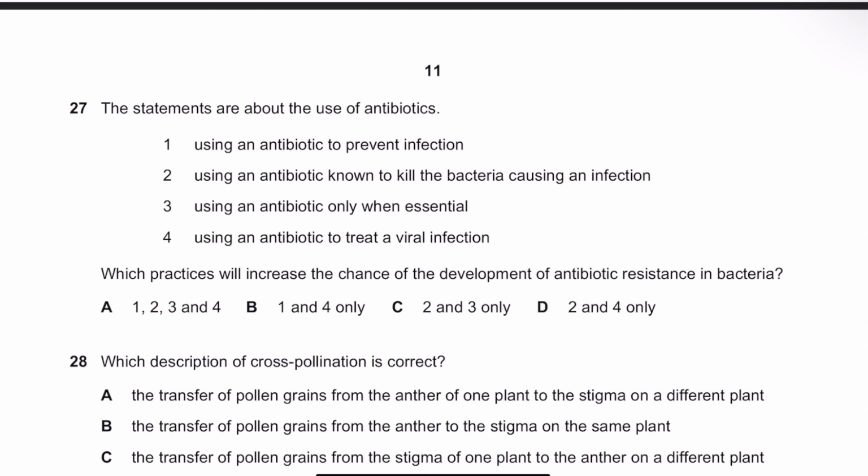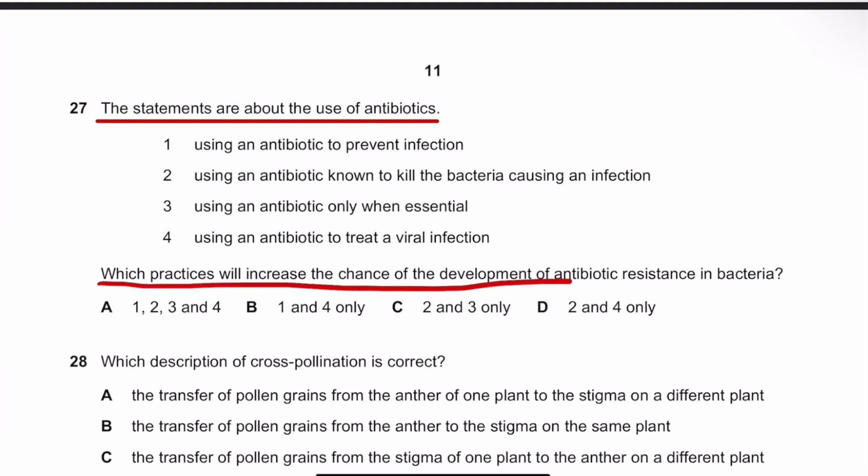Number 27. The statements are about the use of antibiotics. Which practices will increase the chance of the development of antibiotic resistance in bacteria? So let's talk about antibiotic resistance in bacteria.